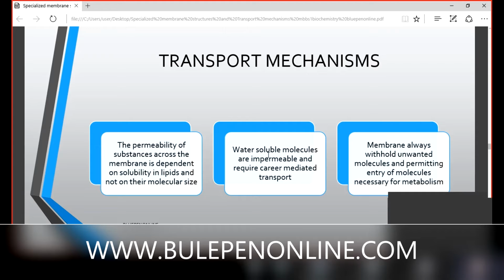All biological membranes have this transport mechanism. That is one of the major functions carried out by the membrane, because the permeability of substances across the membrane depends only on the solubility in lipid, not the solubility in water. Water soluble molecules are impermeable because of the lipid bilayer membrane.